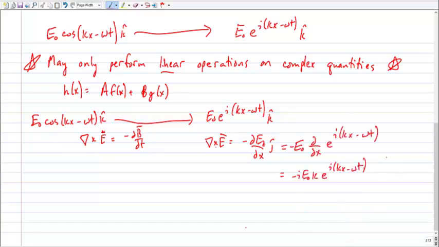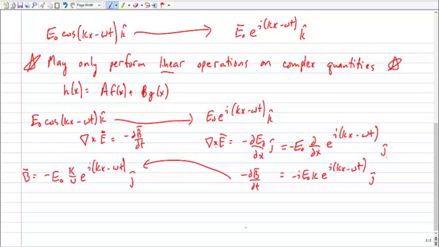All right, so that's del cross E, which is also equal to minus dB/dt. Now I can take the antiderivative of both sides with respect to time, and I'm going to slide that over here. Okay, I know from previous identities that k over omega is 1 over c.